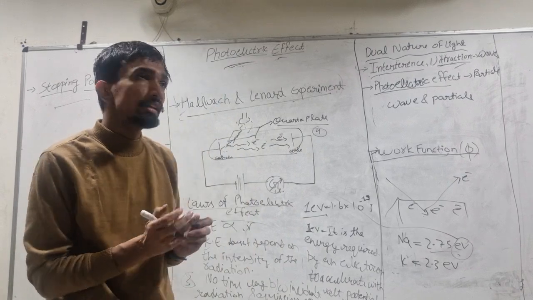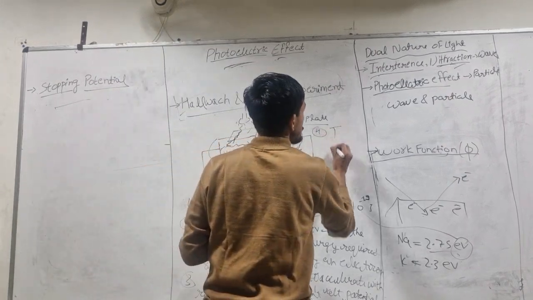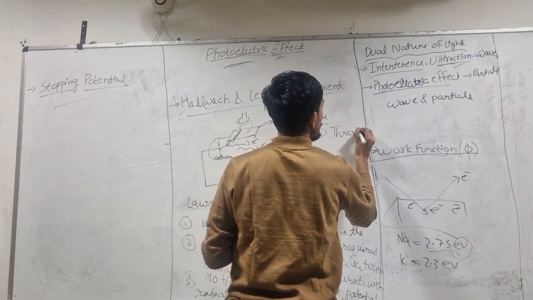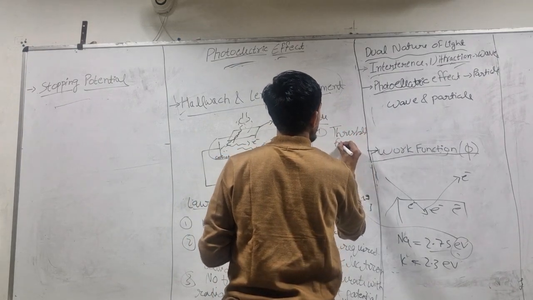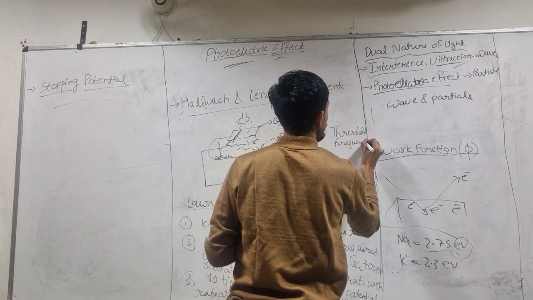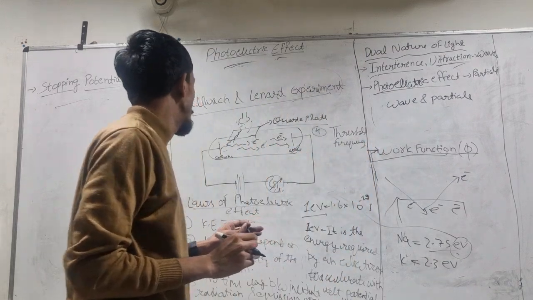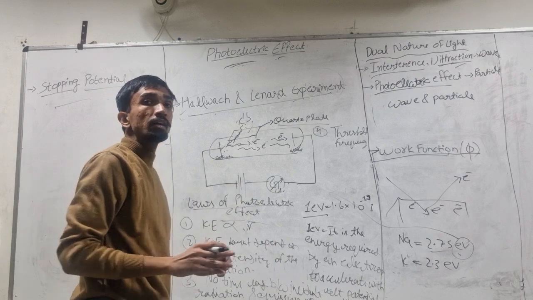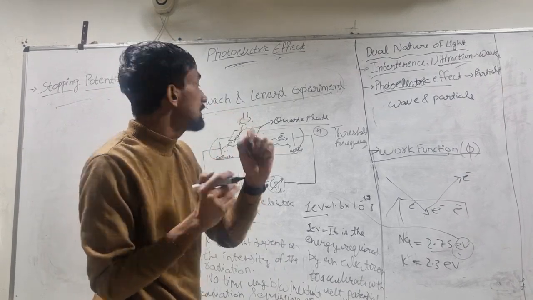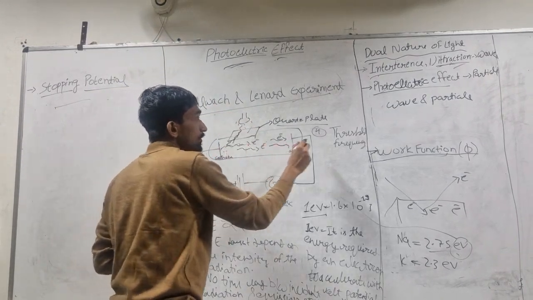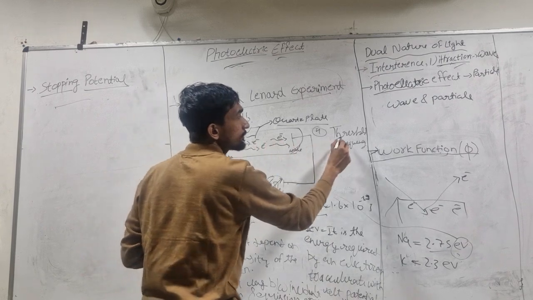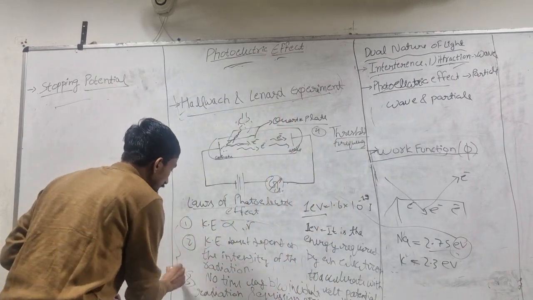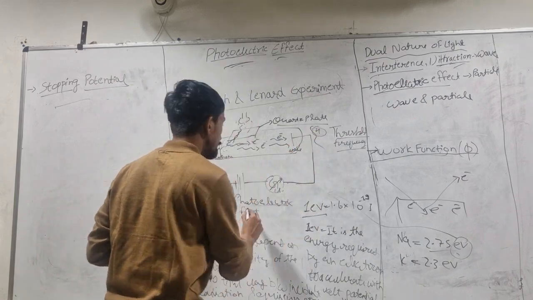So this frequency is called threshold frequency. If we want to emit the electrons from there, we need a minimum frequency to emit electrons, and this frequency is called threshold frequency. So these four are the laws of photoelectric effect.